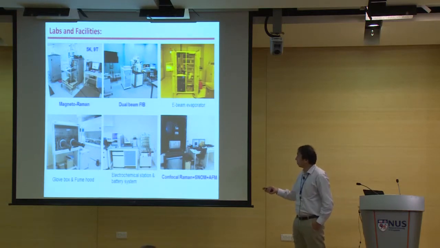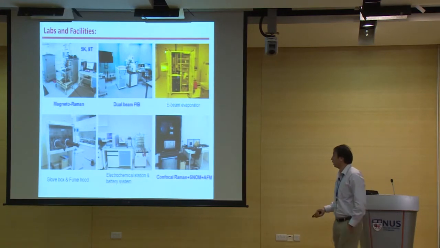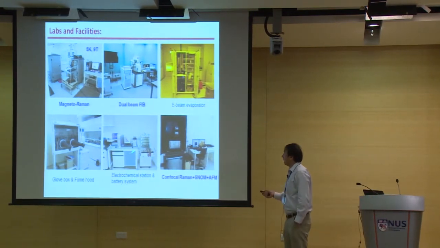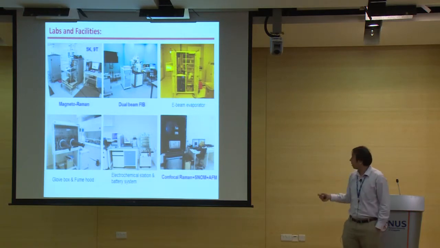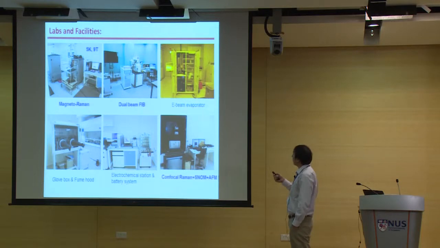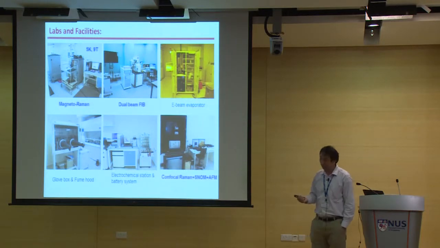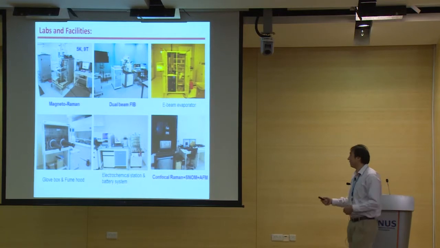We also have some facilities for energy storage. As you can see here, we have a glove box, an electrochemical workstation, and 2 groups of battery testing systems. Of course, we have some coating systems, the thin film fabrication systems, including one e-beam evaporator. We have some room temperature probe stations for the pre-testing of the devices.